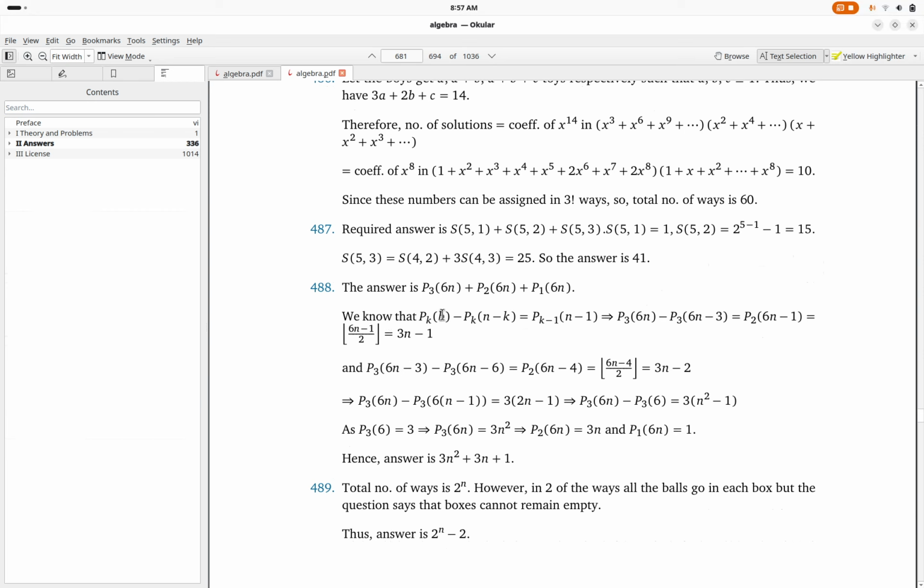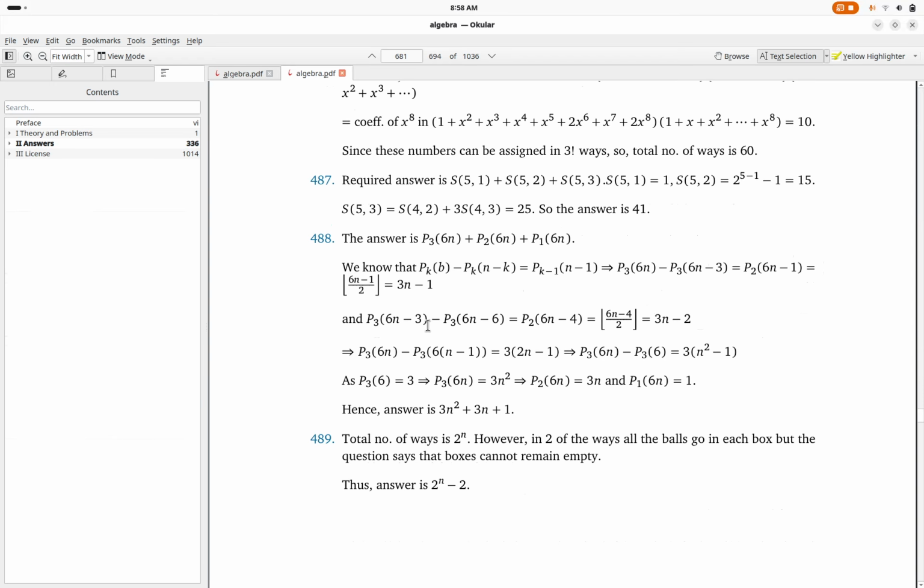We know that P_k(n) minus P_k(n-k) is equal to P_{k-1}(n-1). So P3(6n) minus P3(6n-3) is equal to P2(6n-1), which is equal to floor of (6n-1)/2, that is 3n-1. So P3(6n-3) minus P3(6n-6) is equal to P2(6n-4), that is 3n-2.